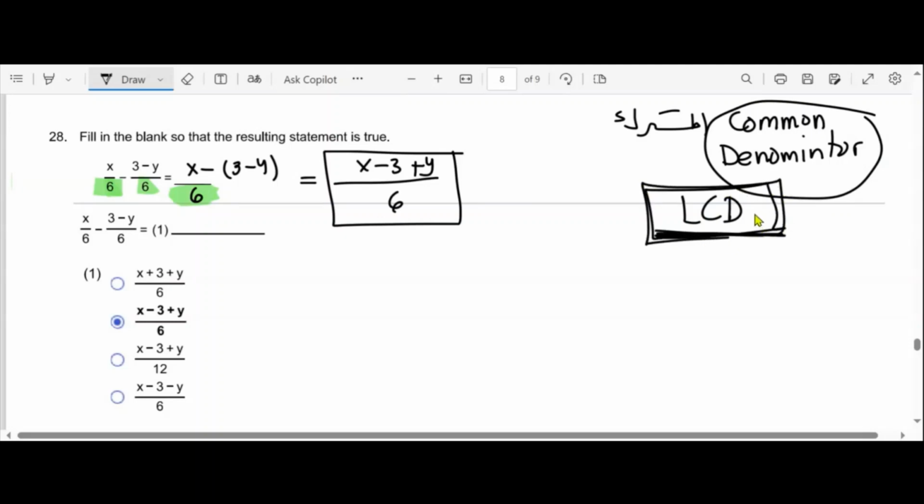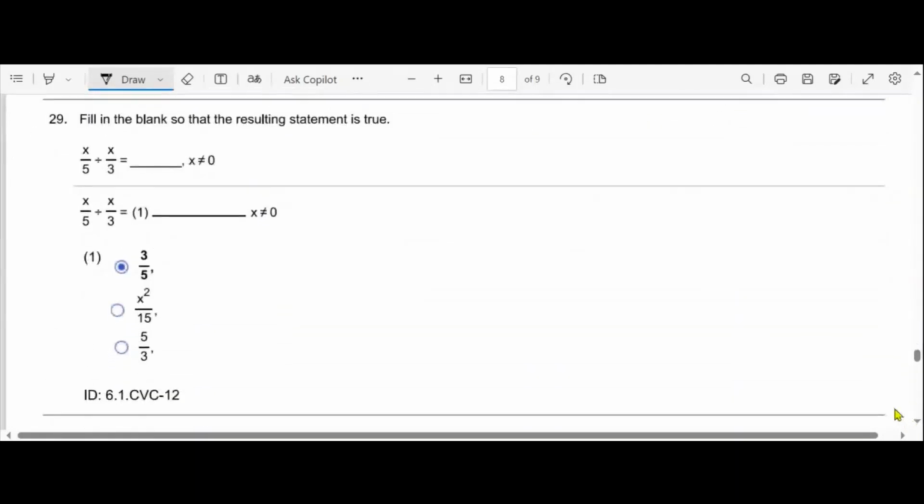Least common denominator? 6. So, are you lucky? Yes. Why? Because you have three 6s. Good. So x minus, then the minus you have to multiply it inside. How many times? 3 times, because the sign changes. So that's the answer. Okay. Easy? Easy. Yalla, Khalid.